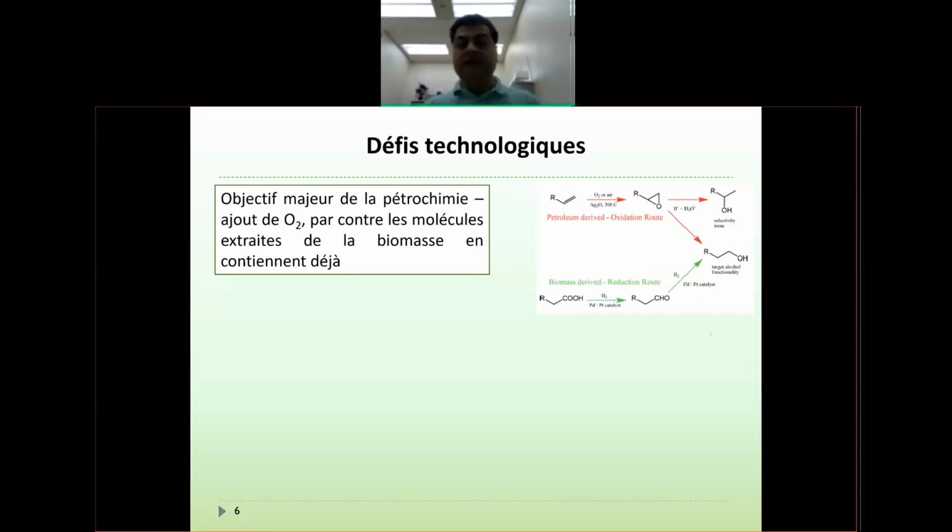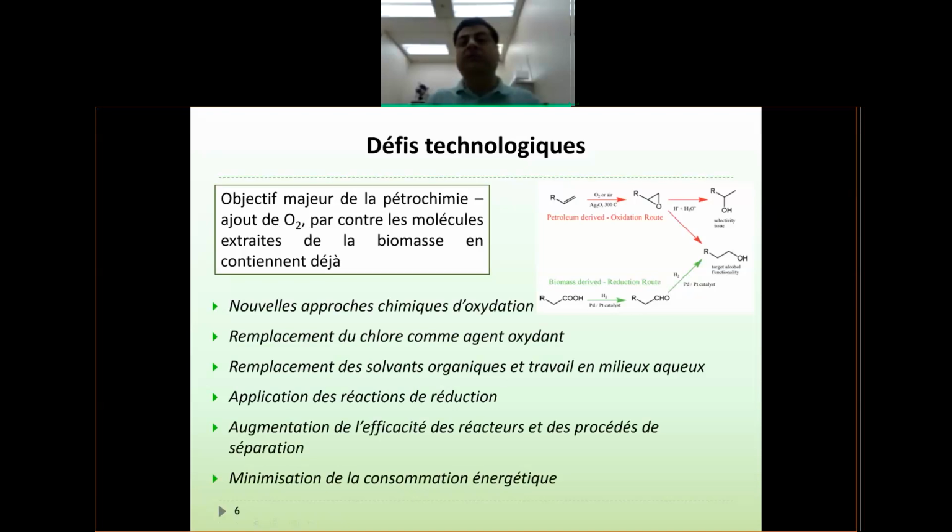Okay, for example, for biomass, you have to do a kind of dehydrogenation, for example. So there are different paths, but it's not the only thing. There are different things that you may face during biomass conversion.